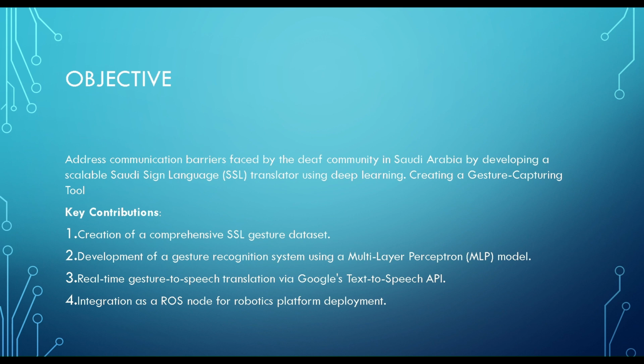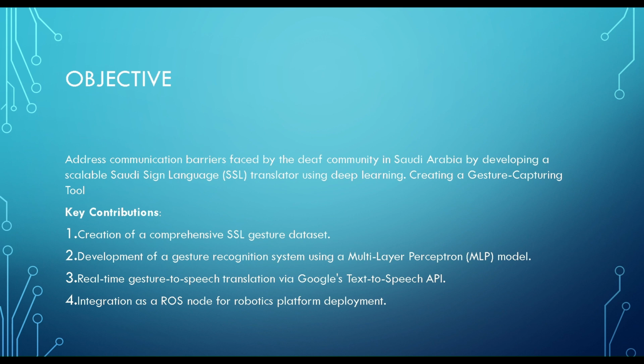Third, the system translates recognized gestures into speech using Google's text to speech API, allowing for seamless communication. Furthermore, the entire system is integrated as ROS nodes, which means it can be deployed on robotics platforms, making it scalable for different use cases.